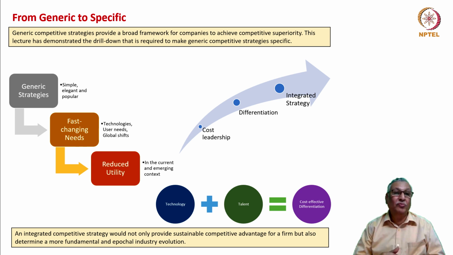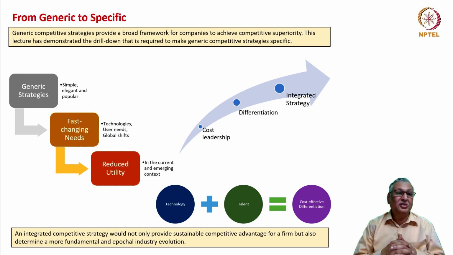So moving from a state of generic industry to a state of specific industry is what generic competitive strategy is about. Generic competitive strategies provide a broad framework for companies to achieve competitive superiority, but they don't give industry leadership all by themselves.